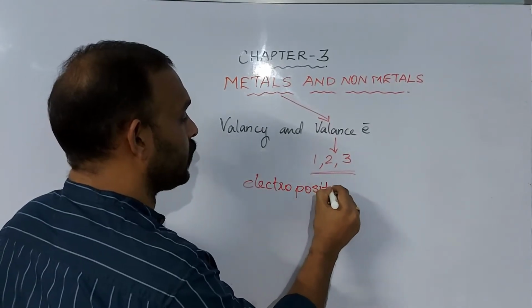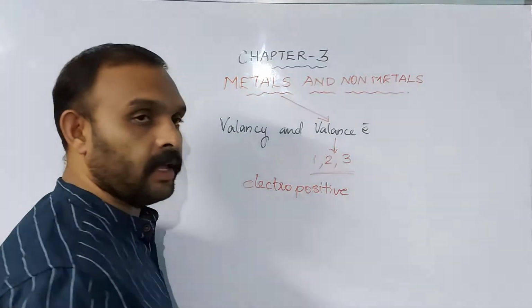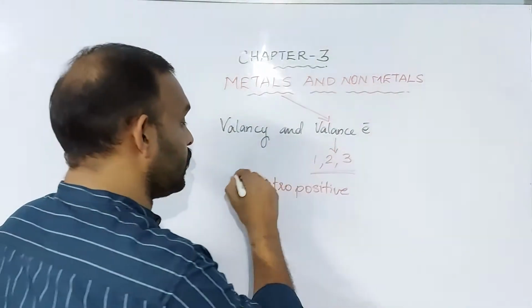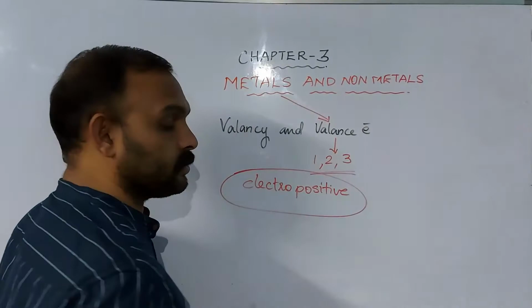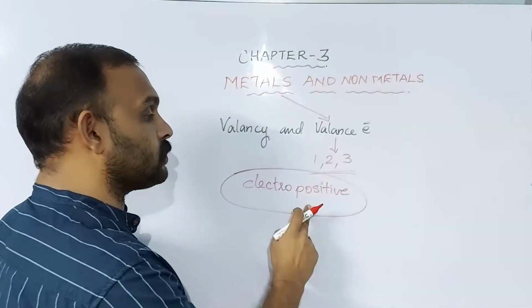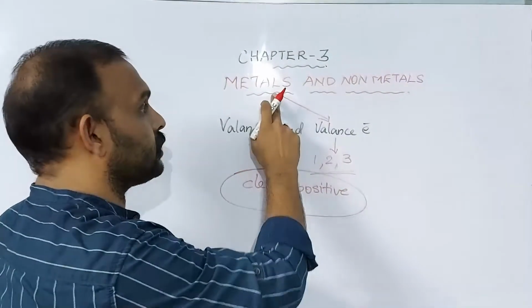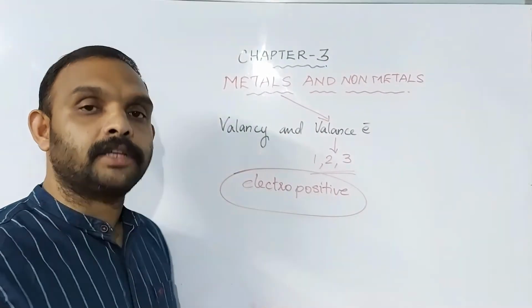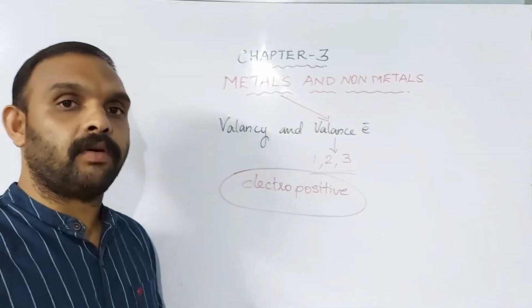By losing 1, 2 or 3 electrons, an element will become electropositive in character. So those electropositive elements are termed as what? Metals. Clear?